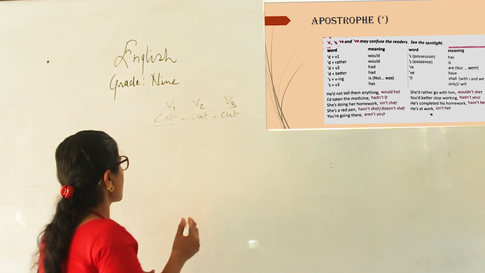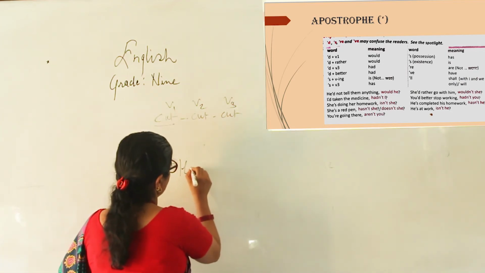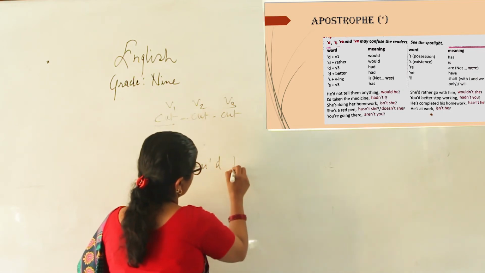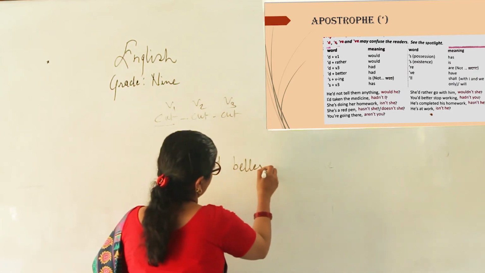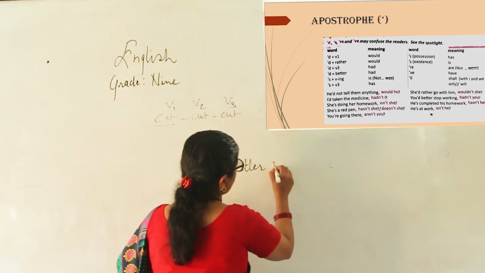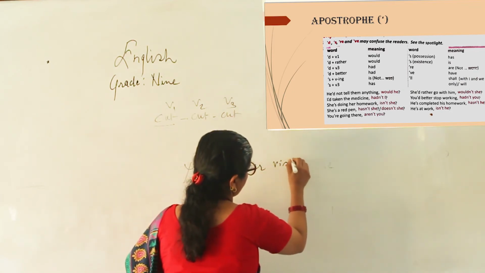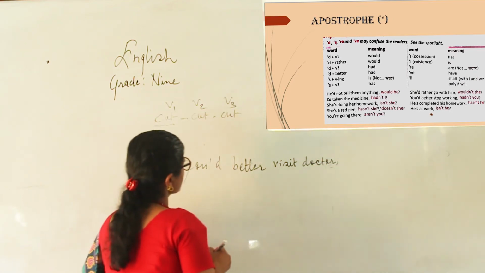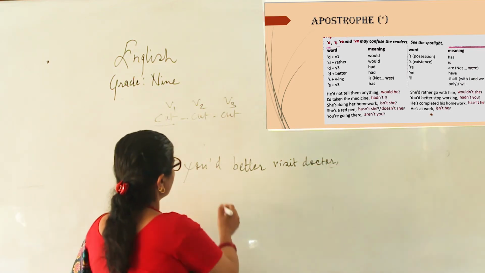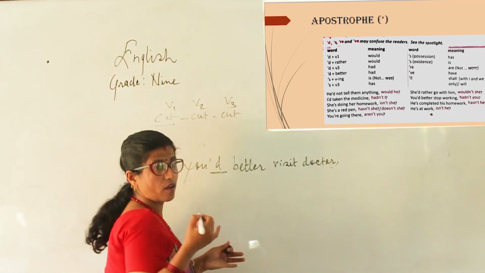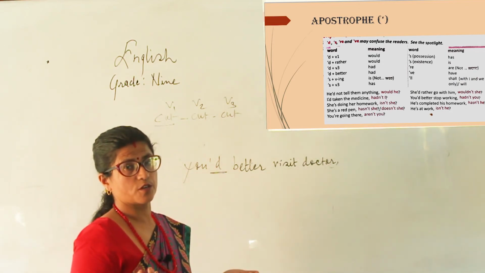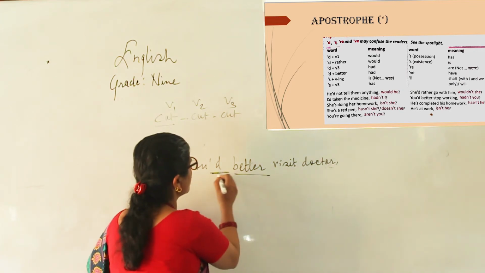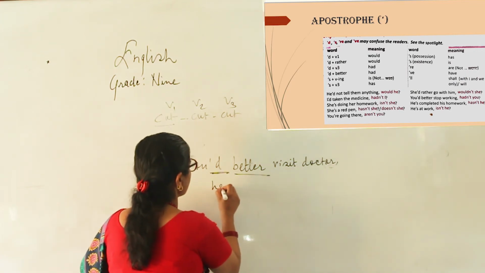So generally in a question tag, we can say, "You'd better visit a doctor." What is this question tag? Is this would or had? We will be confused. So if there is better after this apostrophe D, then this is had.